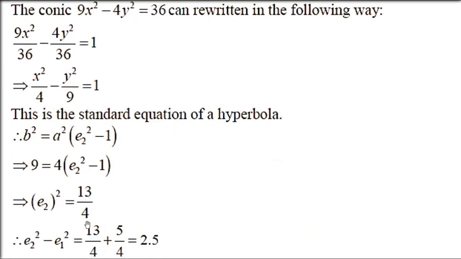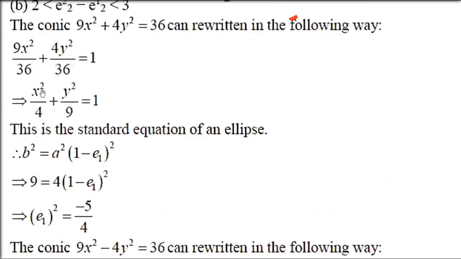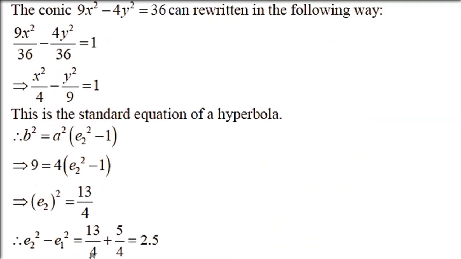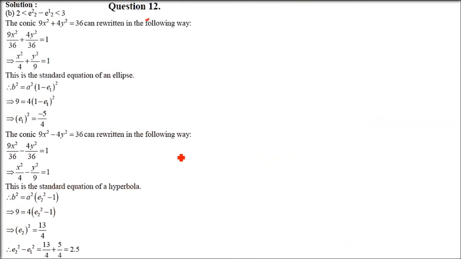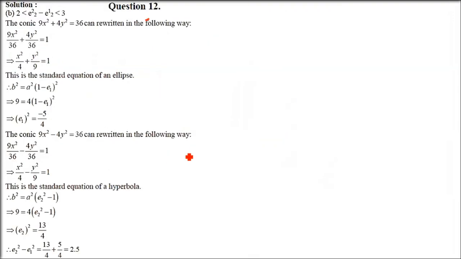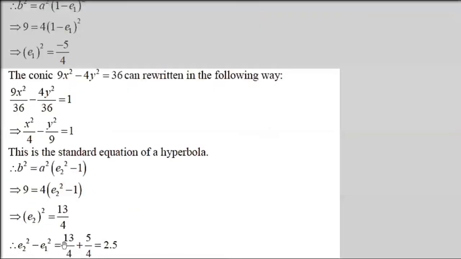Now that E1 and E2 are known to you, try to find out E2 square minus E1 square. Why is this option B? Because E2 square minus E1 square, which we just got, is going to be 2.5. We found out E1 square, we found out E2 square. Now subtract them.